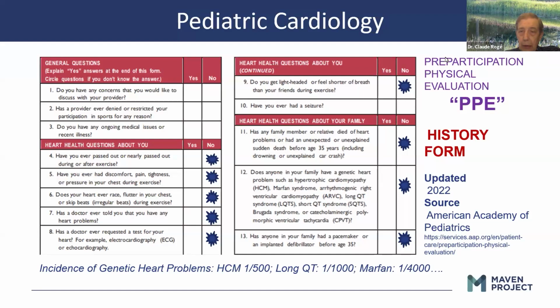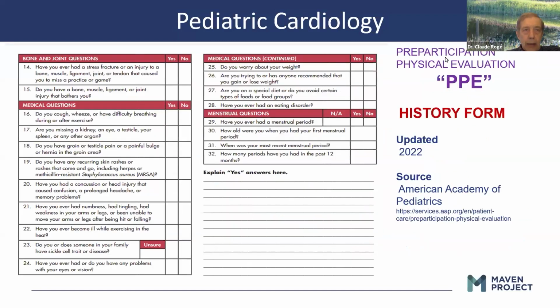And then, of course, if someone in the family has a pacemaker or a defibrillator put in before the age of 35, that also will be something of concern. And then there are, of course, other questions looking at all the other organs that you're not going to neglect. But there is a sizable portion about the cardiac history.